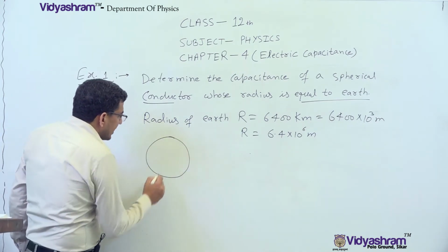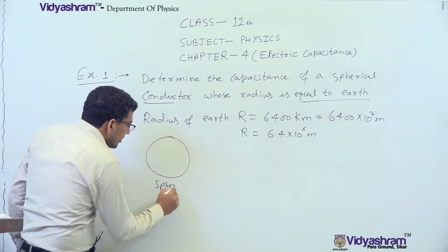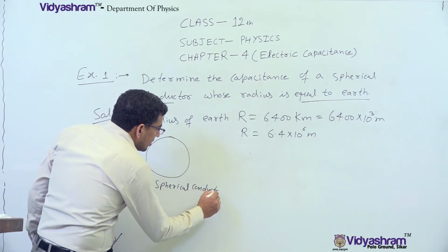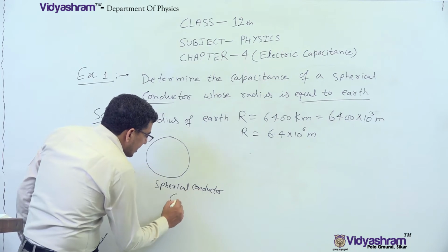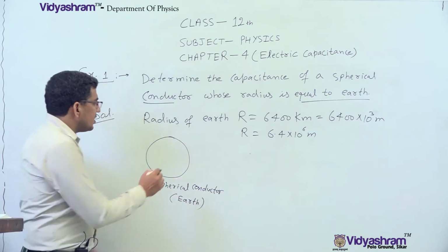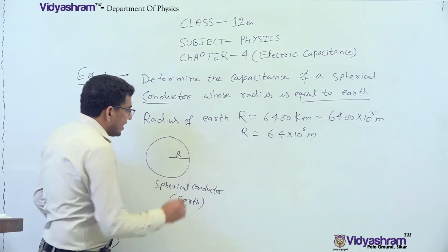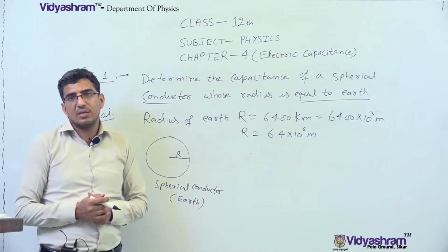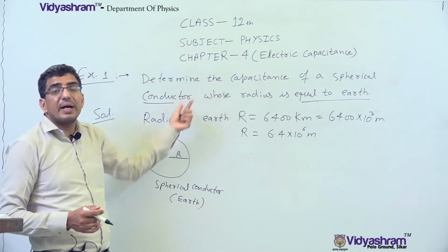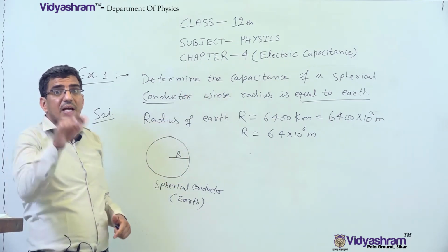This is a spherical conductor, and it is the earth. Because the radius of the spherical conductor is equal to the earth, the question is: determine its capacitance.